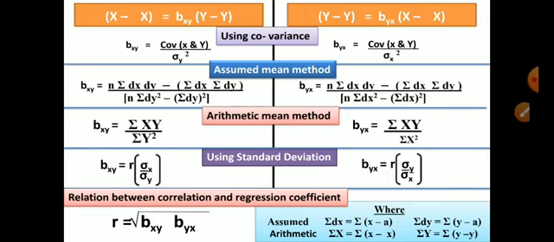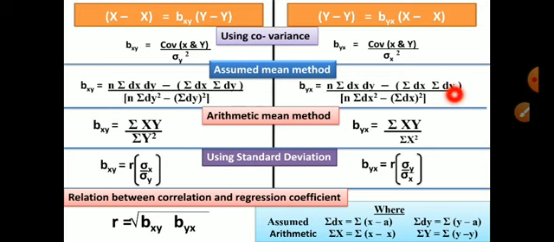Whenever we are finding the regression coefficient using the assumed mean method, we know the formula of correlation. n summation dx dy minus summation dx into summation dy divided by, the square root will not come, only the y part, that is n summation dy square minus summation dy whole square.